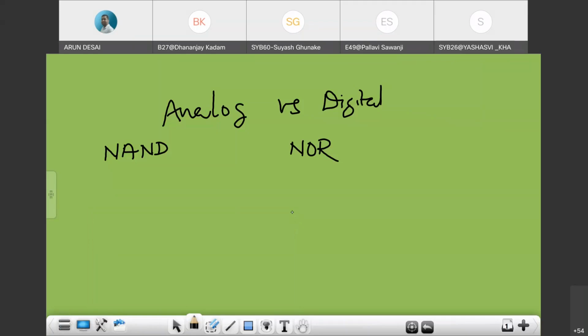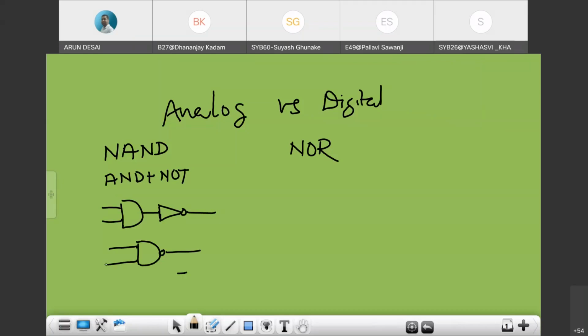Okay, I'll show you a symbol. NAND is simply AND plus NOT, right? That means whatever comes out of AND should be inverted. The symbol for this NAND gate is like this.